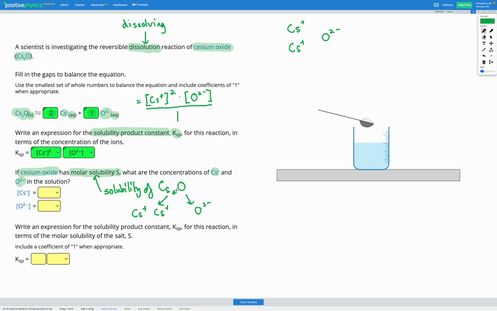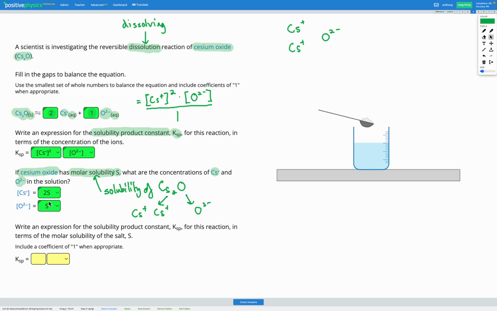So if the molar solubility of Cs2O is capital S, for cesium plus, we're going to have twice as much as we did of our Cs2O because it makes 2 ions. So our concentration of Cs+ is going to be 2S. For O2-, it's just going to be 1S because we only form 1 O2- ion from Cs2O.